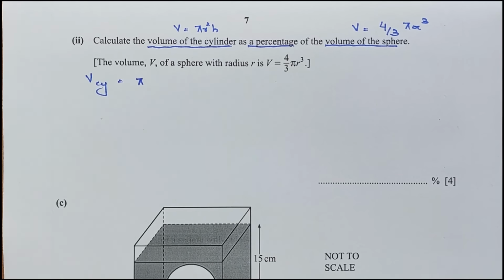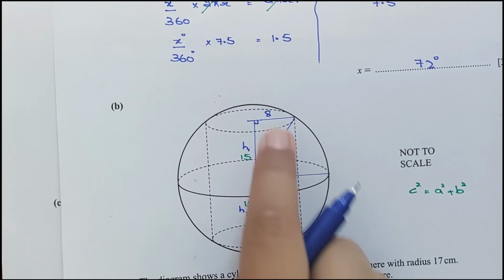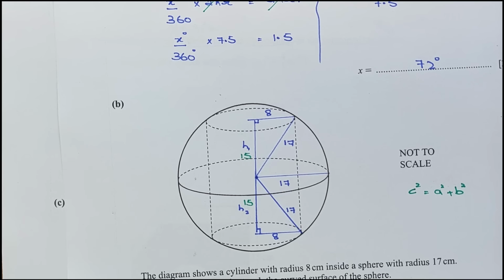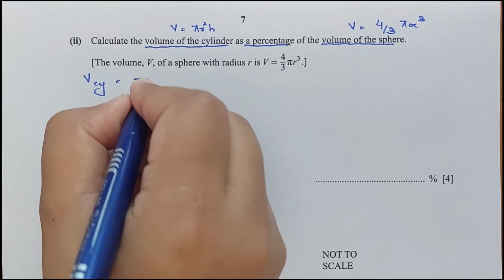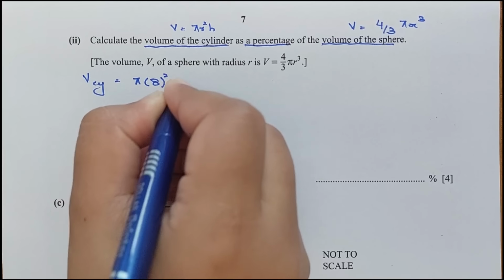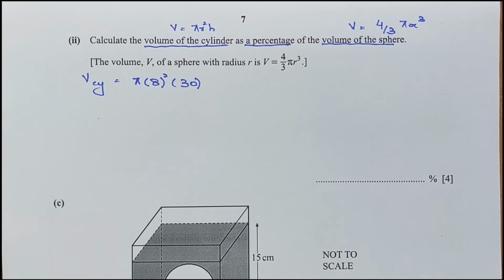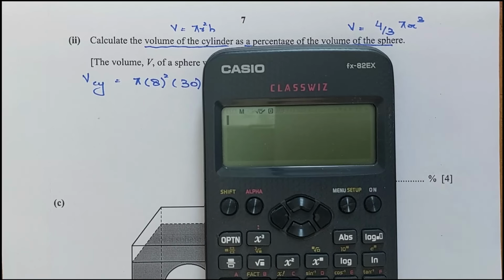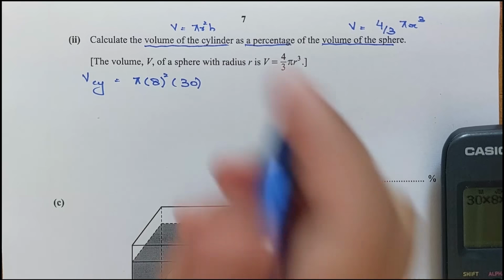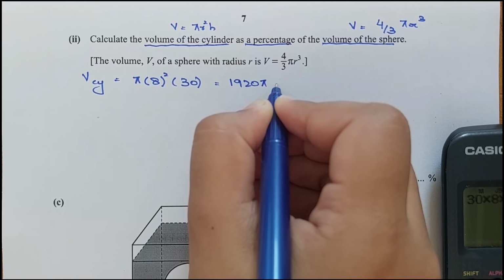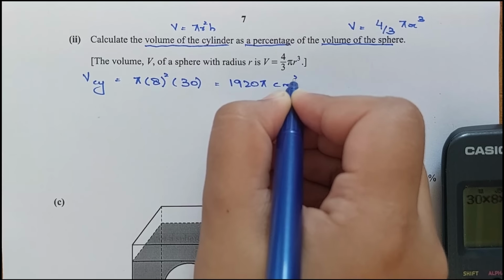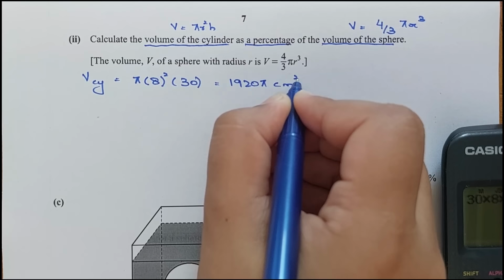That equals pi times the radius squared times the height. The radius of the cylinder is 8 and the height is 30. So 30 times 8 times 8 is 1920 pi centimeter cube.